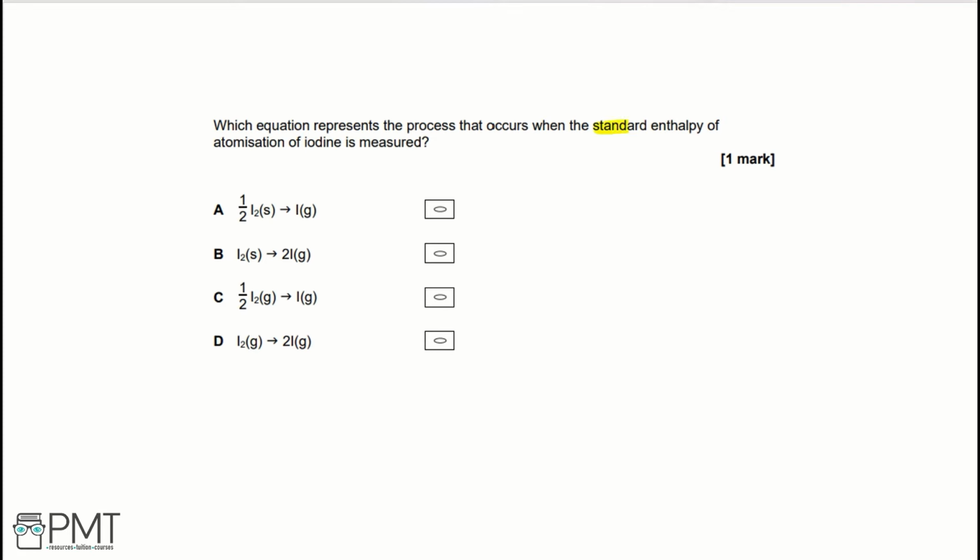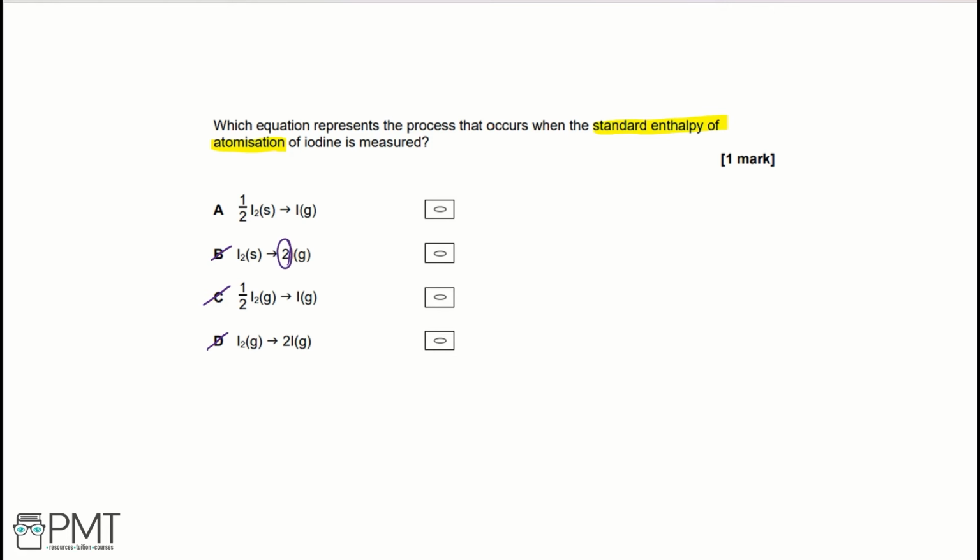So firstly, let's define standard enthalpy of atomization. This occurs when 1 mole of a sample is dissociated into its atoms under standard conditions. So what this means is we're going from a solid to a gas, so that eliminates C and D, and we want 1 mole, so that can't be B because we have 2 moles here.